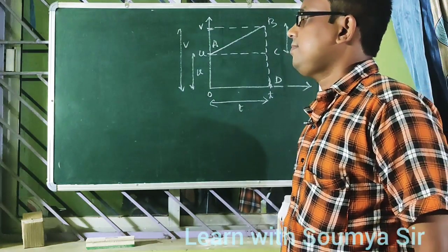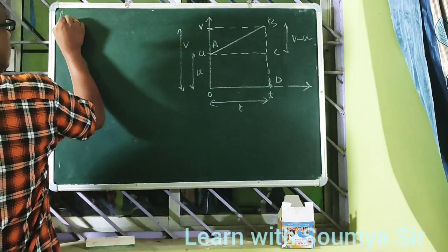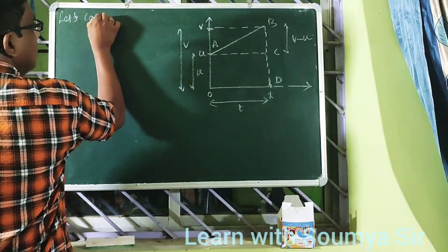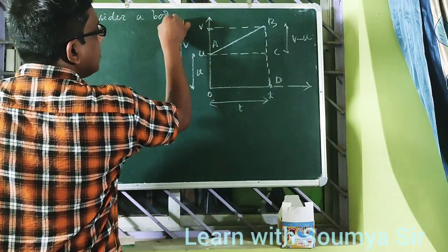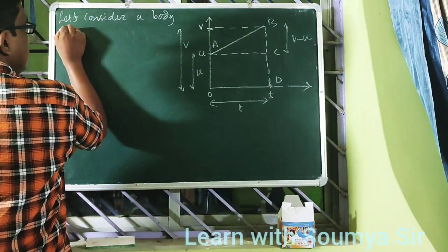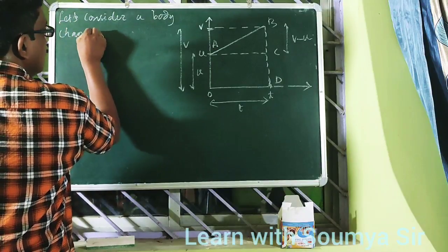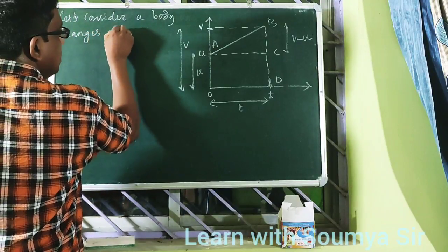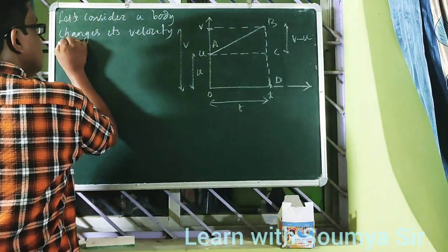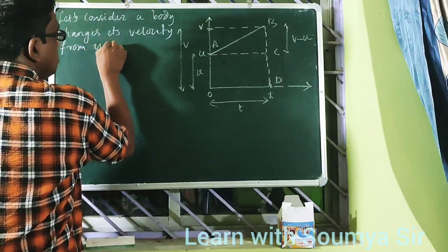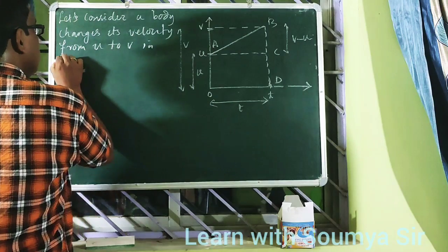Clear? So how will we find it? Let us consider a body changes its velocity, you can write speed also, from u to v in time t.